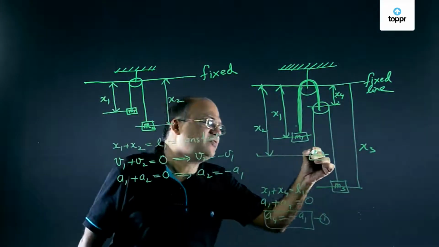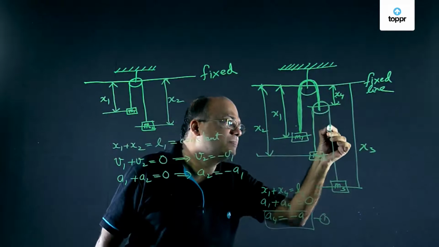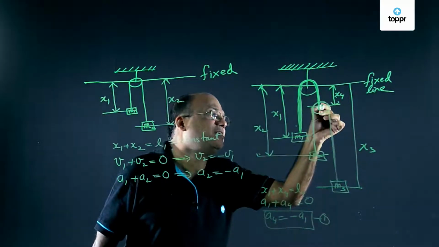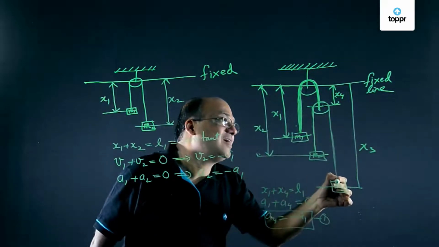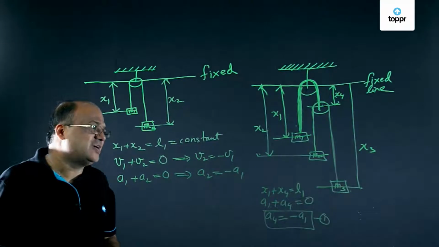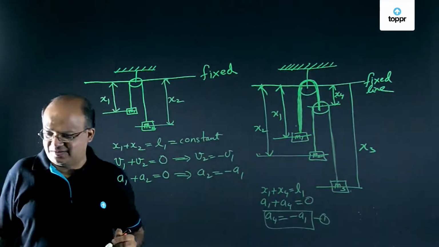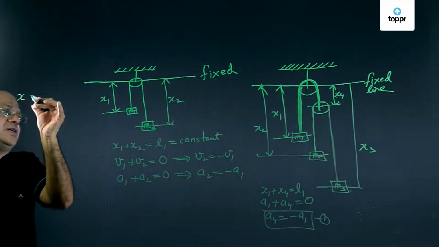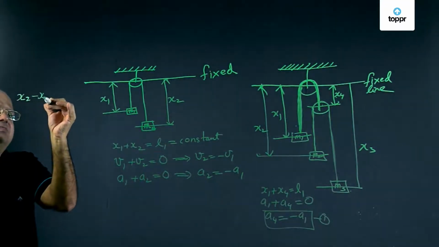Now we look at the length of this string. Left hand side, if you see, is x2 minus x4, and right hand side is x3 minus x4, right? So the length of that string is x2 minus x4.